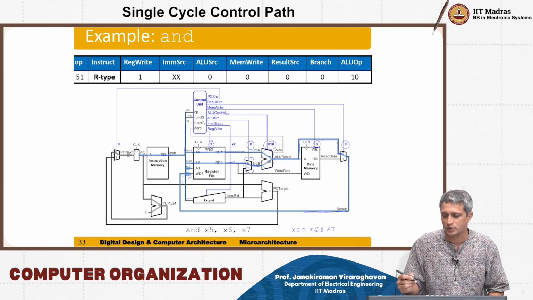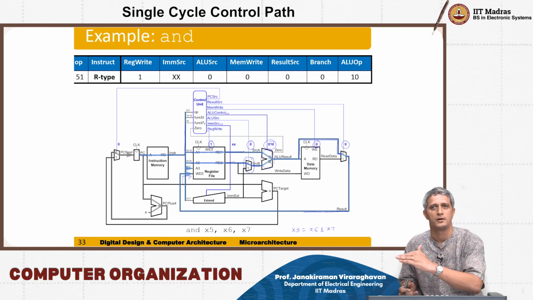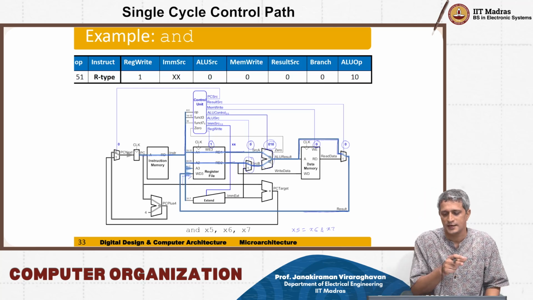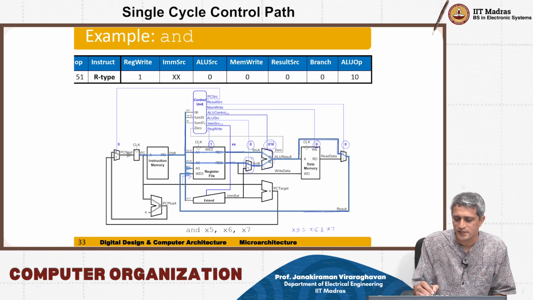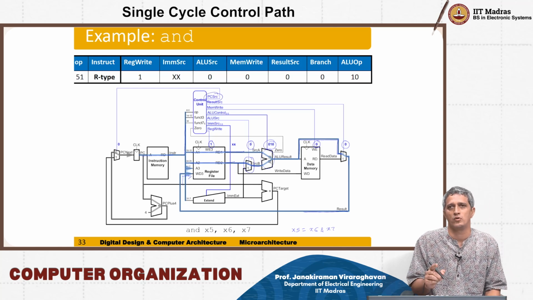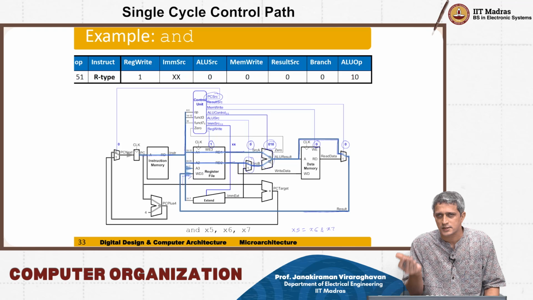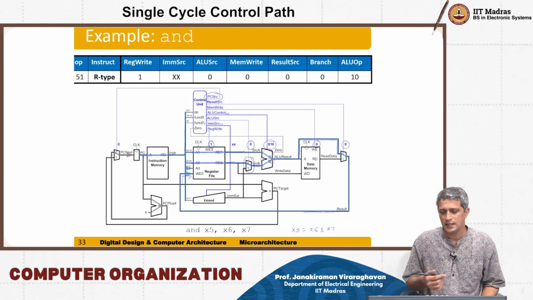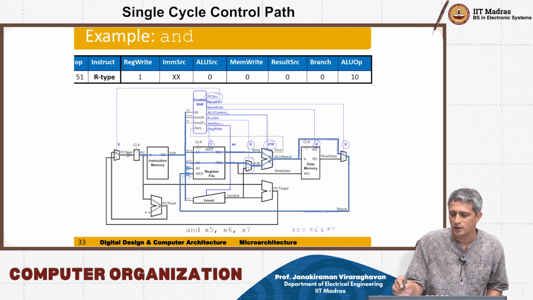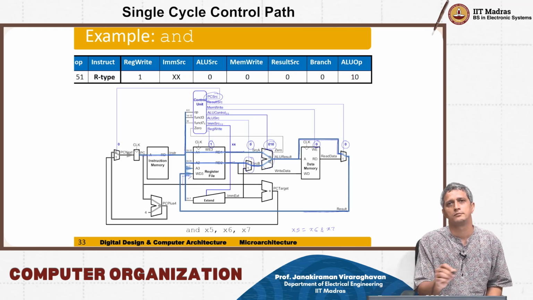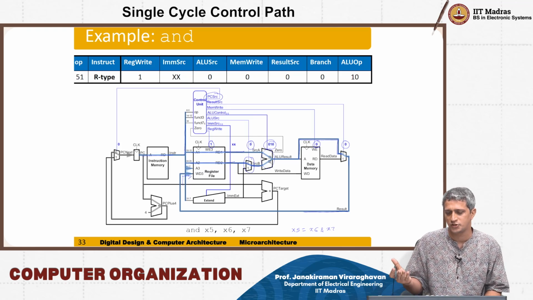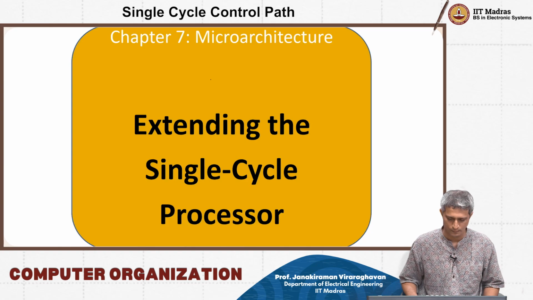For the result source, of course you have to bypass the data that is read out of the memory and take the ALU operation answer that has to be written back. PC source obviously has to be 0, because there is no branching. The next instruction is at PC plus 4, and that's why you achieve this kind of truth table. This is basically the truth table that we have for R type.